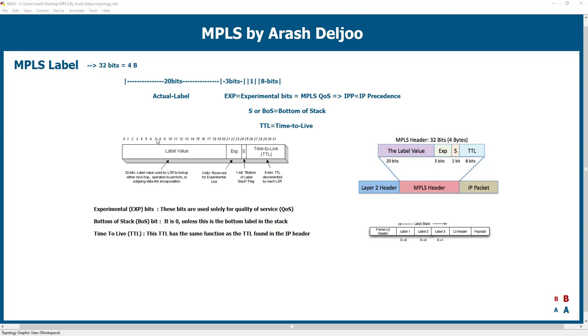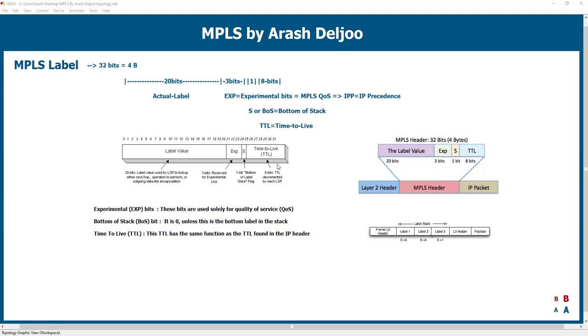The first part is one of the most important parts of the label that we will use in many scenarios, in many functions. EXP bits are only used for quality of service in the MPLS world, and we will talk about these parts in the MPLS QoS course. The S bit has an interesting function. I will talk about this in this video. And finally, time to live, the same function as time to live in the IP world.